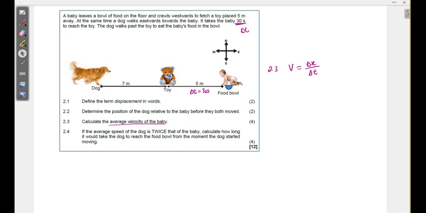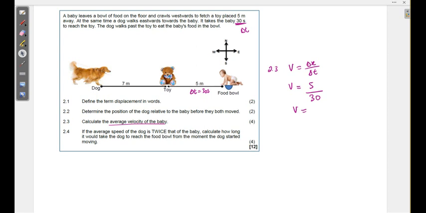Remember that when the baby reaches the toy, the baby is traveling to the west, and the baby will be 5 meters from where he or she started. So we can say 5, and then the time is 30. So we get 5 divided by 30.